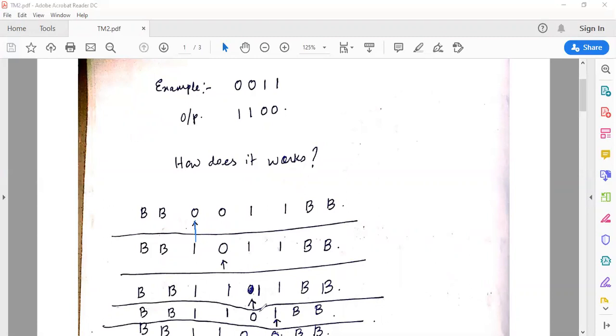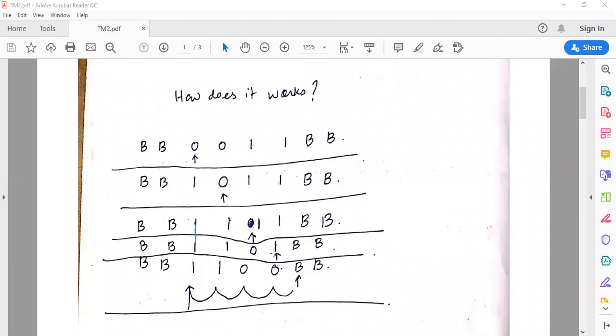In the next step, we are going to change this 1 to 0. Again, we move right, and the head will be at 1. In the next step, we will finally change this 1 to 0. At the last step, it's actually not a rule or a mandate, it's a courtesy that we bring back the read write head to the initial point where we had started. So this is the basic logic, and it's quite easy.